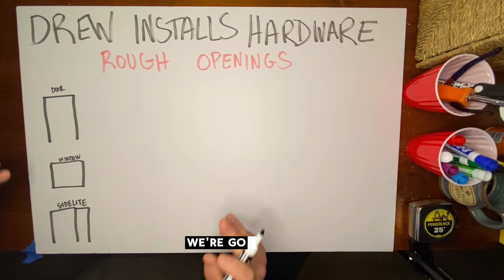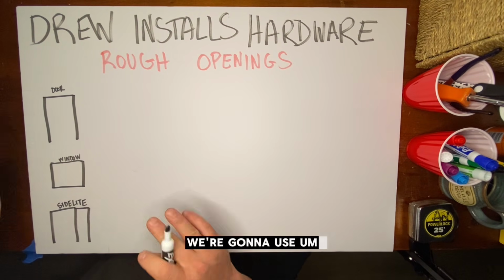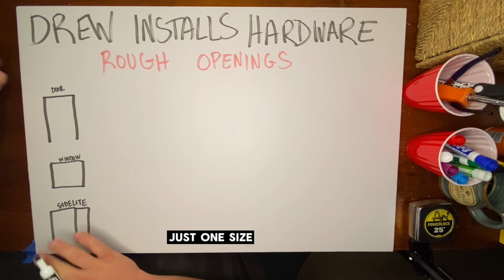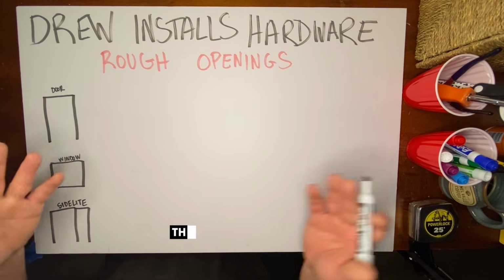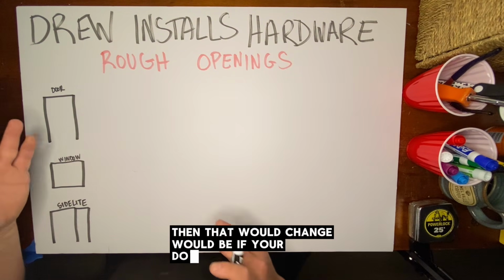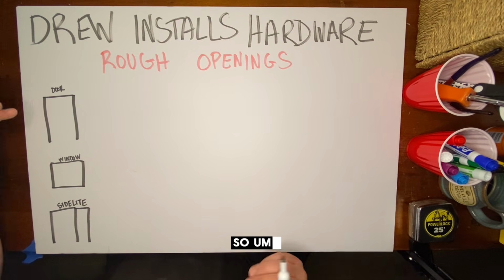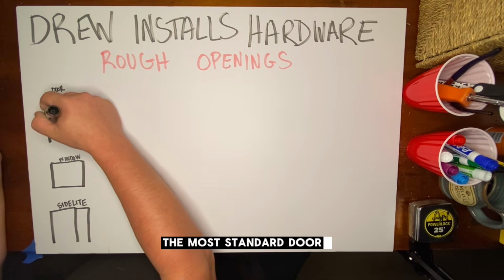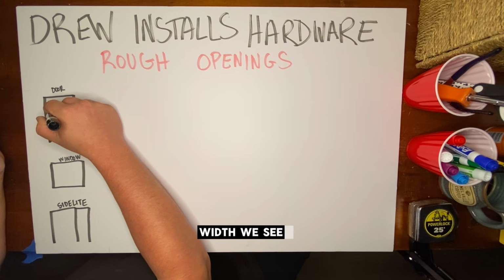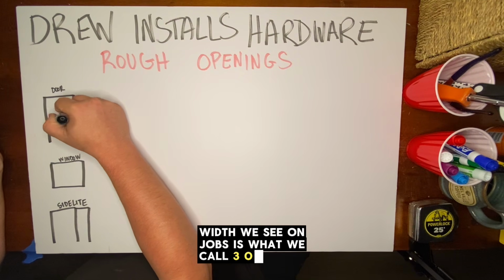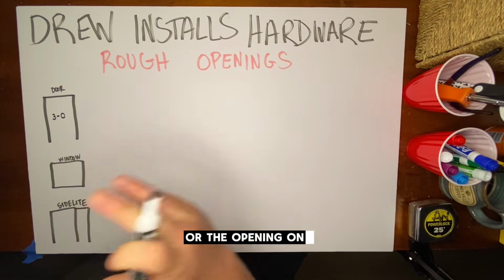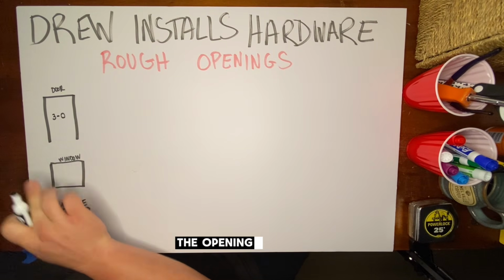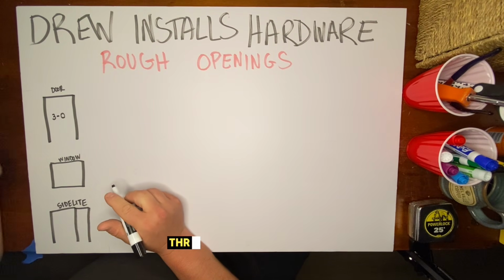So we're going to use just one size throughout all of these, just to show you how we do it. The only thing that would change would be if your door width changes. The most standard door width we see on jobs is what we call 3.0, meaning the opening inside, once the frame's set, is 3 feet.